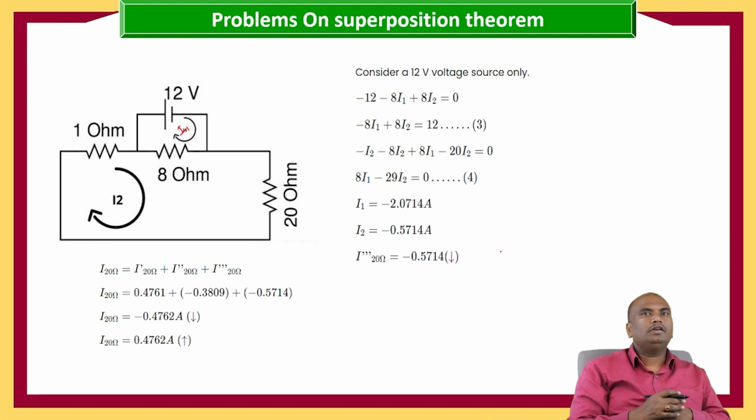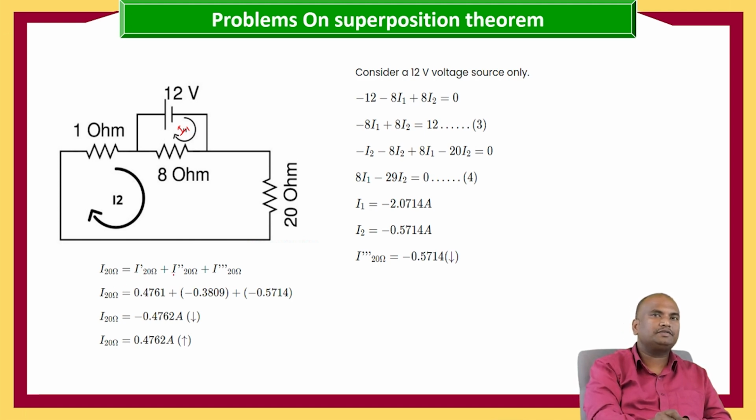0.5714. Now according to our superposition theorem, I 20 ohms is equal to I dash plus I double dash plus I triple dash. If we add, the current will be going in the downward direction, that is 0.4761 minus 0.3809 minus 0.5714.